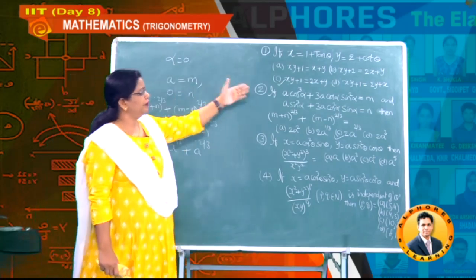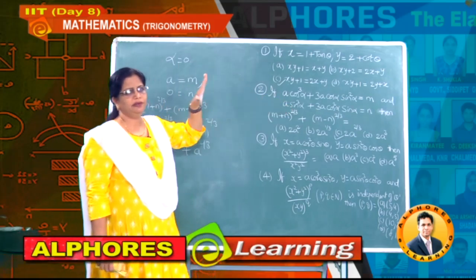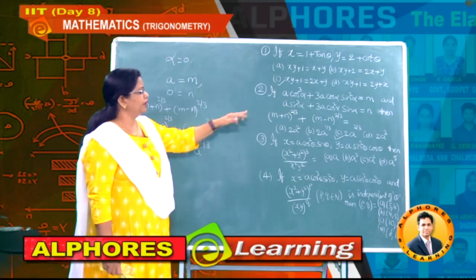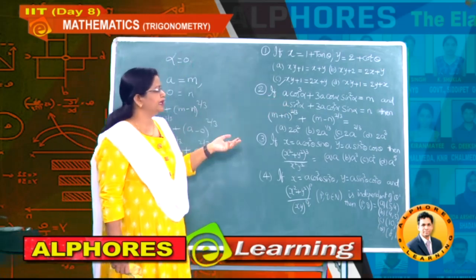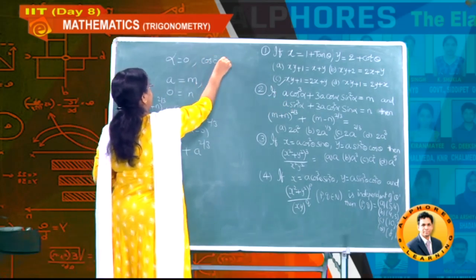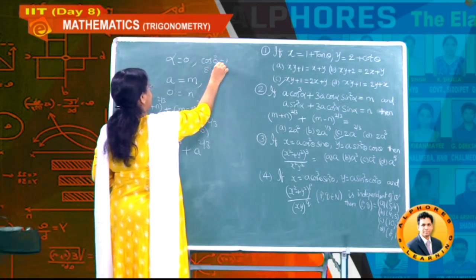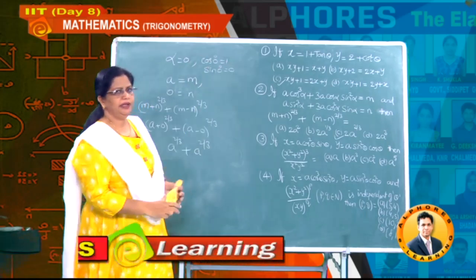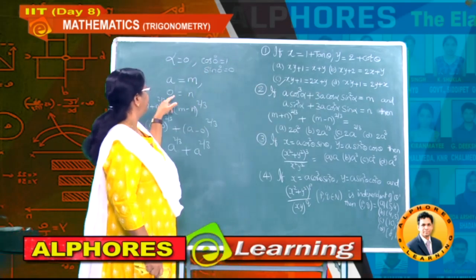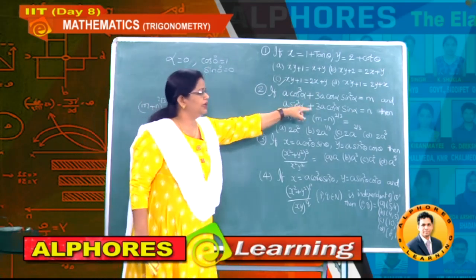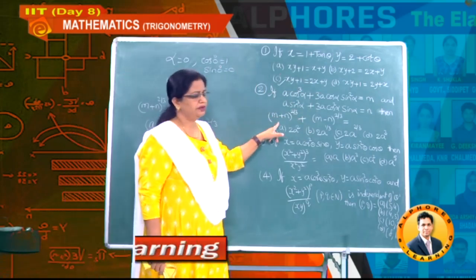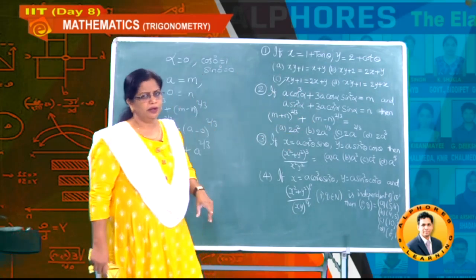We kept alpha, only one angle, no two angles, and we just kept alpha as 0 degrees. Then cos 0 is 1 and sin 0 is 0. Therefore here you got a plus 0 equals m, so m equals a, and n is sin, so n equals 0. Those m and n values we substituted because the options are in terms of a.